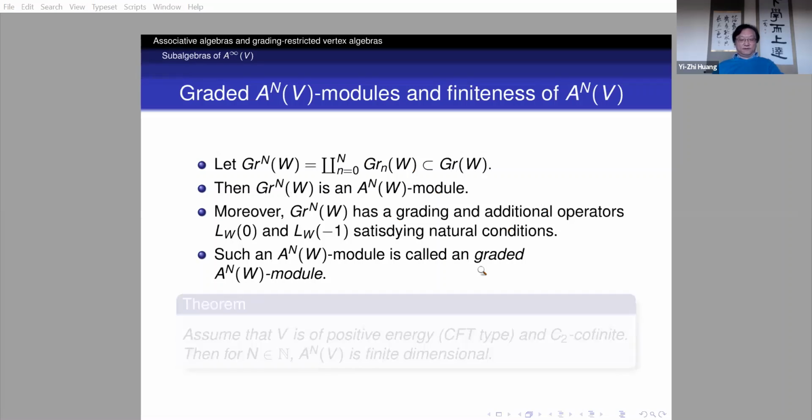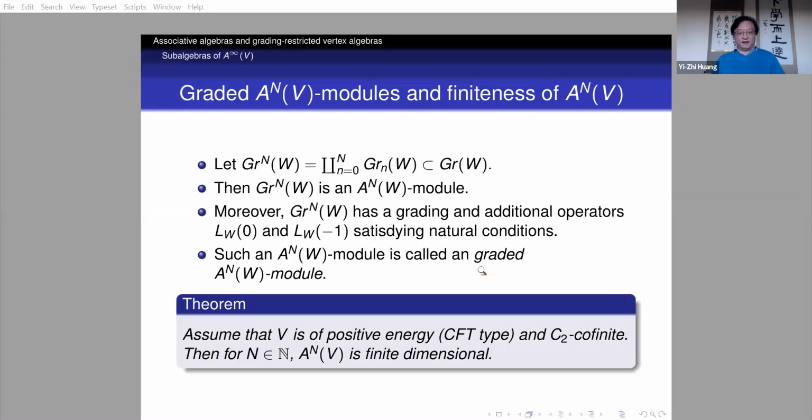Now the other theorem is also interesting. We all know that for Zhu algebra and Dong-Li-Mason's generalization, if the vertex algebra is C2 cofinite, then these algebras are finite dimensional. Now, A infinity cannot be finite dimensional, because the associated graded space is always infinite dimensional if the original module is infinite dimensional.